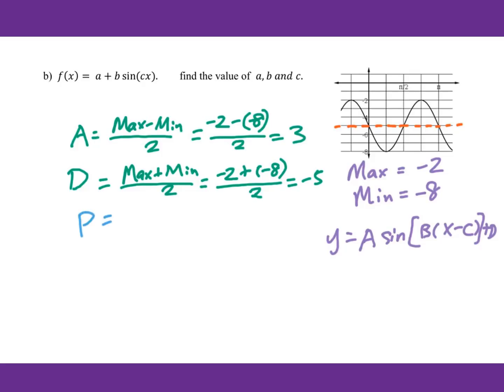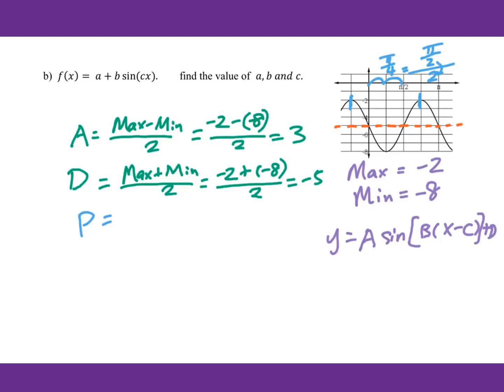And the period equals. For this function, we will get 2 maximums. For each unit, we know that it's pi over 4. Because we have pi over 2, there are 2 units between that.